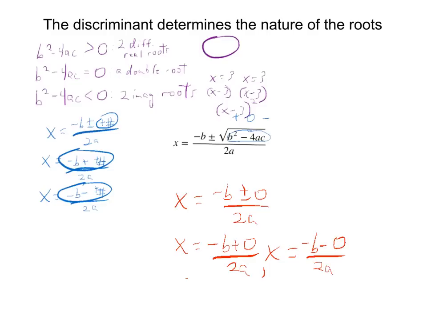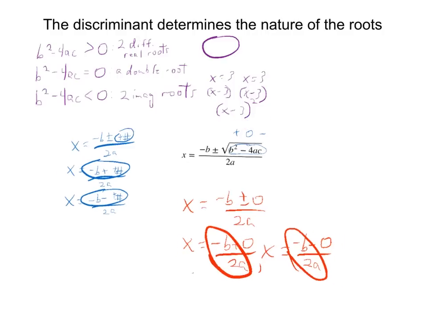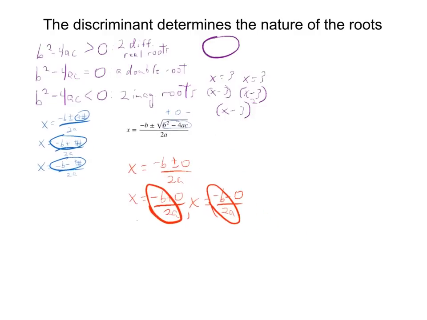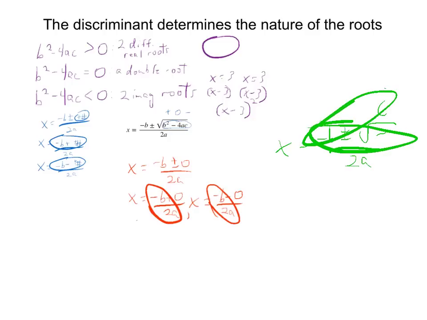I have negative b over 2a and negative b over 2a. What if that value is negative? Well, I think we just talked about that one. If you have a negative under there, that means we have an imaginary number. And when you add the imaginary and subtract the imaginary, you get two different imaginary roots.